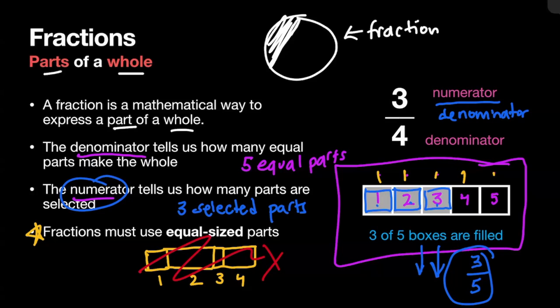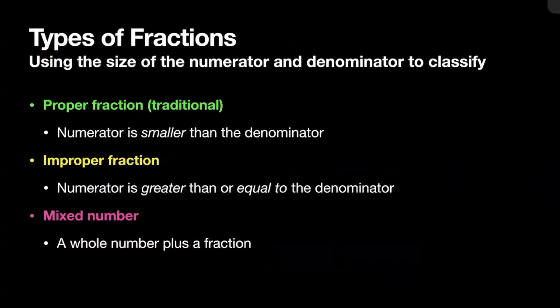So does everyone understand fractions so far? Good. So now that we understand fractions, we'll learn about the different types of fractions. So there are three main types of fractions. So there's a proper fraction, there's improper fractions, and there are what we call mixed numbers.